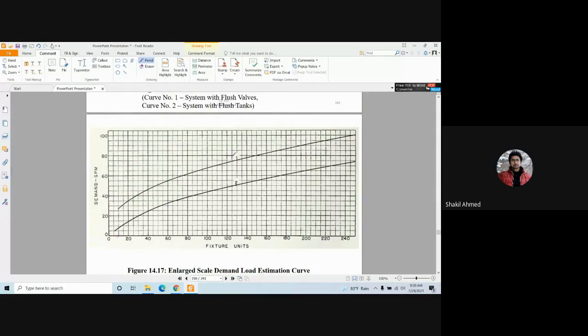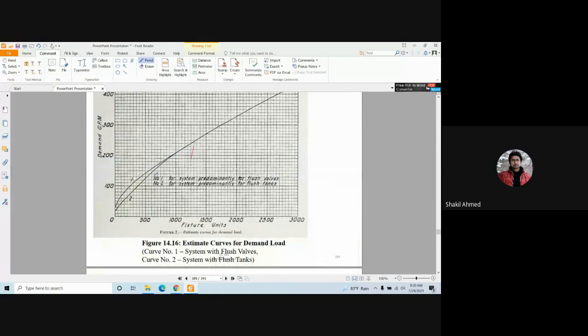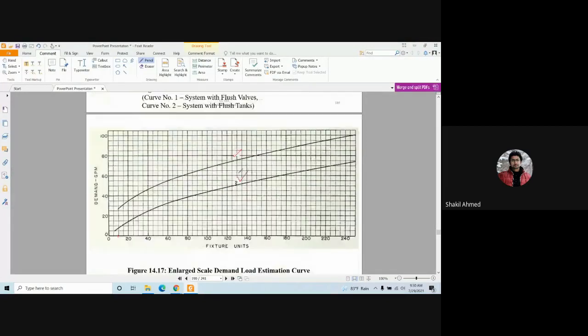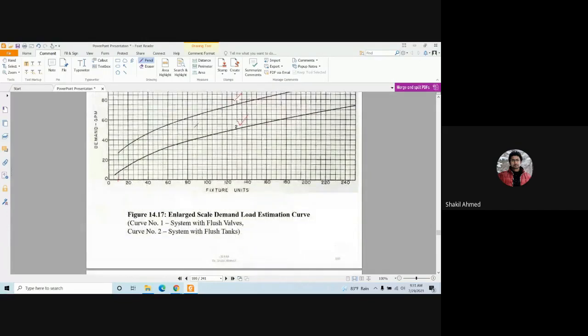Look, there are two curves, 1 and 2. Number 1 is for flush valve. Number 2 is for flush tank. In our case, it was flush valve. So we'll look at 1. So 10.